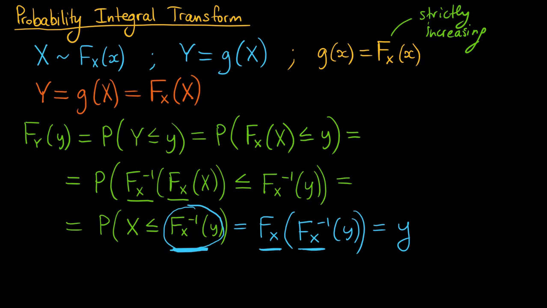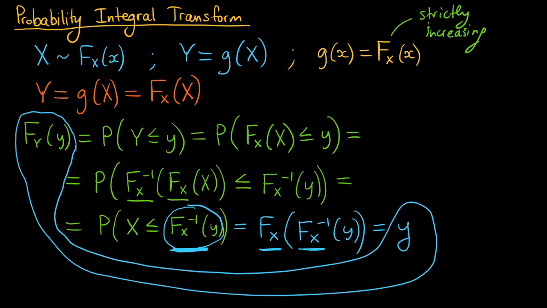But notice what we just got. We got the fact that the CDF of this random variable y is just y. And recall that we said that if we see such a CDF, we'll recognize it as the CDF of a continuous standard uniform random variable.